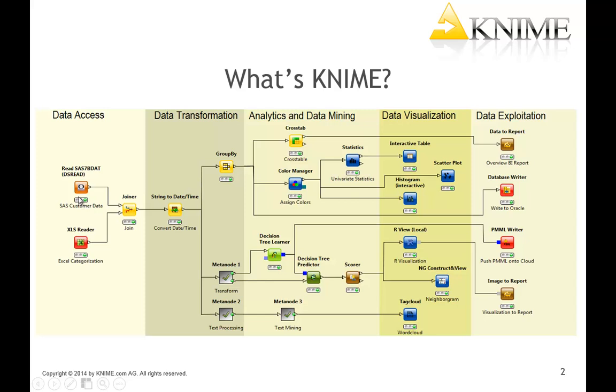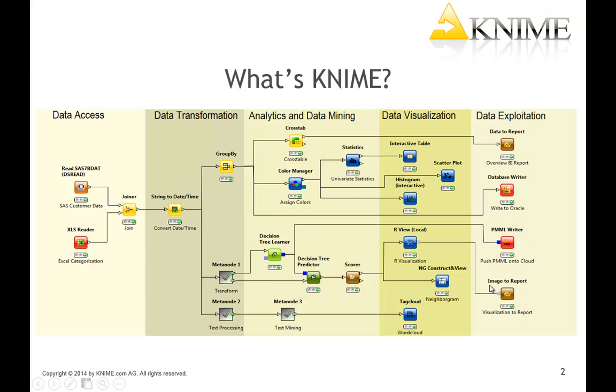For example, what you see here is the Excel reader node. It reads in an Excel file, then it combines this data with some data of the database in the joiner node, and then it converts something, string to date time, and does some more stuff. And those bluish nodes are so-called views, where you can have a look at your data and write data out again to the database or on your hard disk and so on.